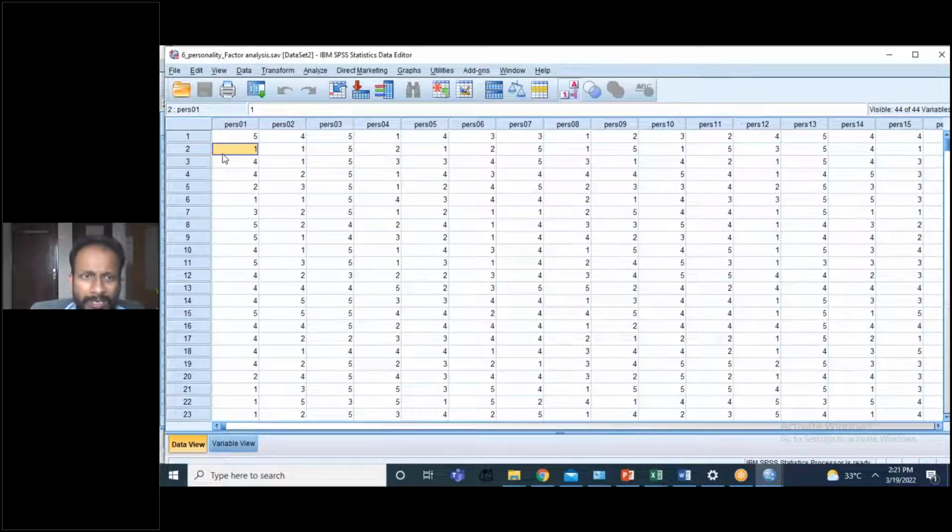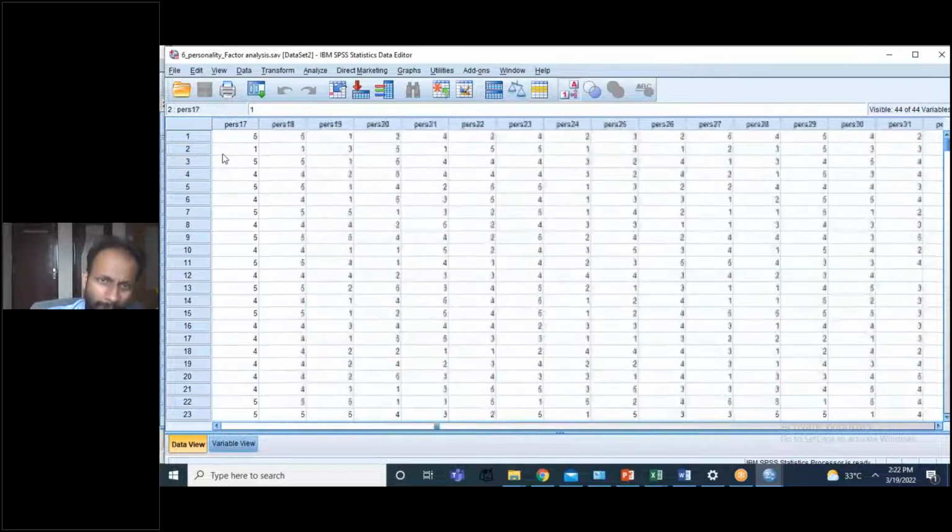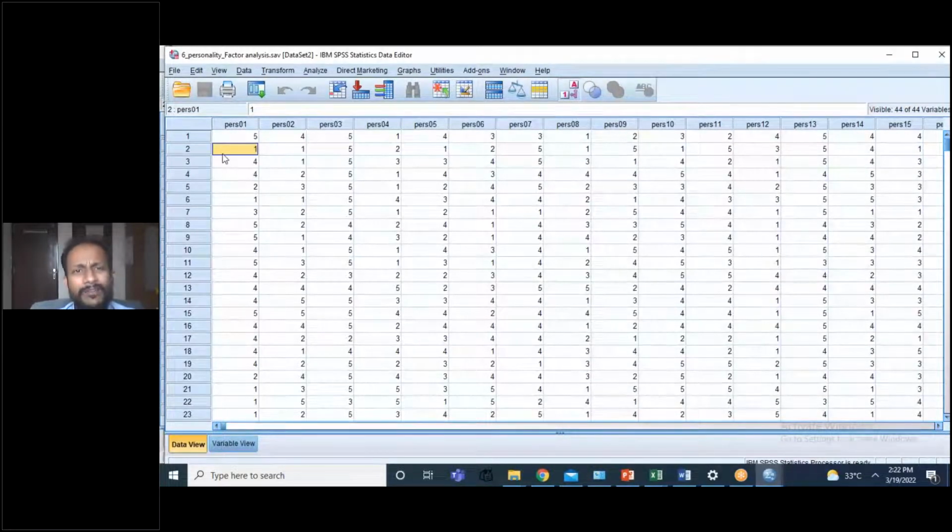You have 44 variables related to the personality of a person, whether he is talkative or silent, disorganized or careful, all those variables that we have captured. Before we get into the analysis, we want to reduce the number of variables so that they make sense, to 3, 4, 5, whatever it is. That is the ultimate goal of factor analysis.